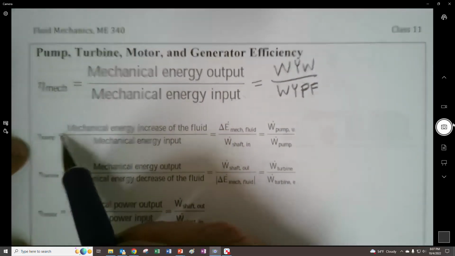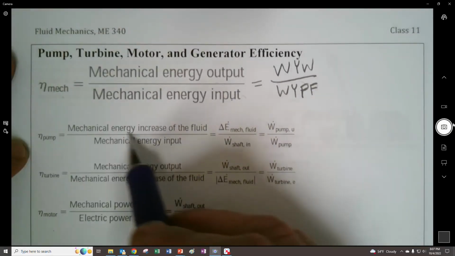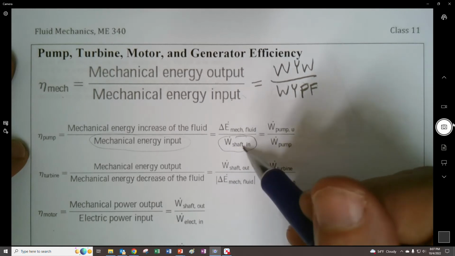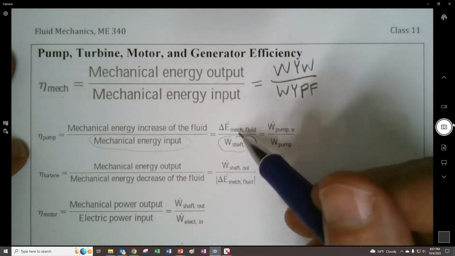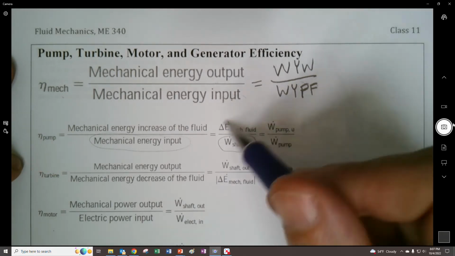So when it comes to pump efficiency, we have the mechanical energy input. That's going to be the shaft work rate, because that's power in. And what we're going to get out is the fluid energy.